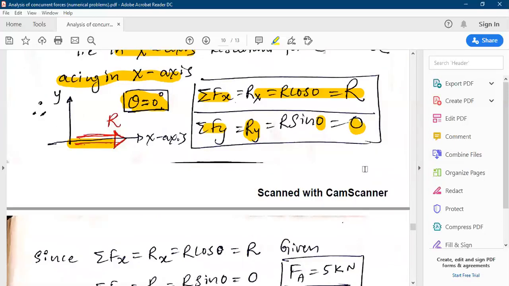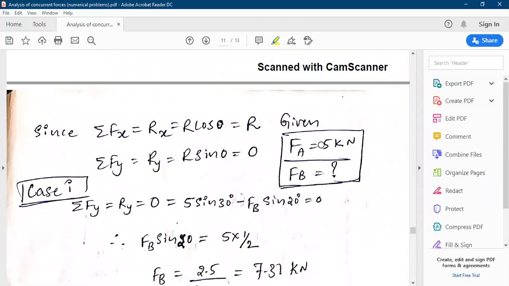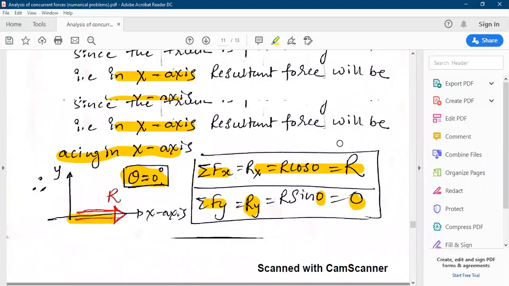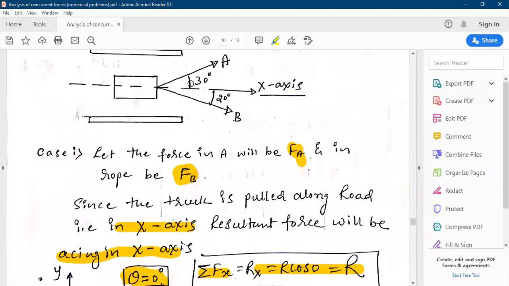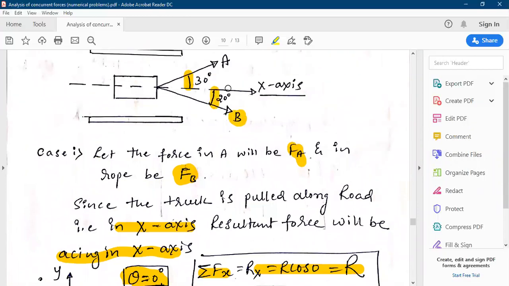Now taking the first case. In the first case, they are saying that force FA of 5 kilonewton is acting with an angle of inclination of 30 degree. This is the force at rope A, and they are asking us to calculate force B with an angle of inclination of 20 degree. Now let us resolve these forces with their angles of inclination along the x-axis and y-axis.